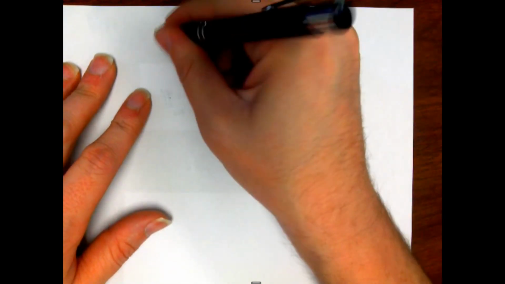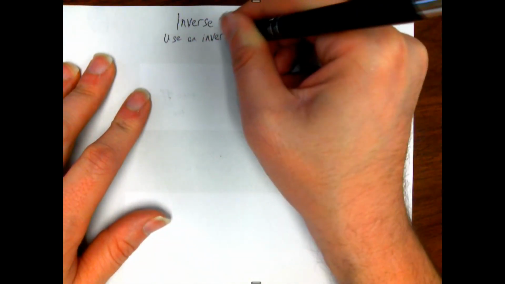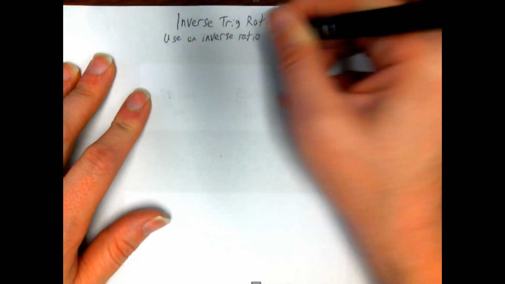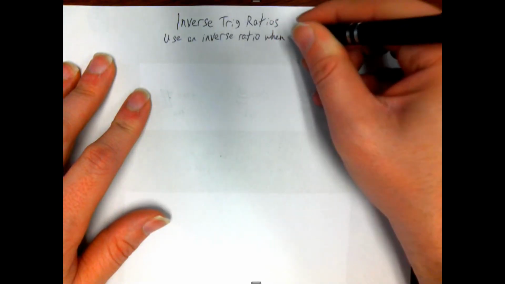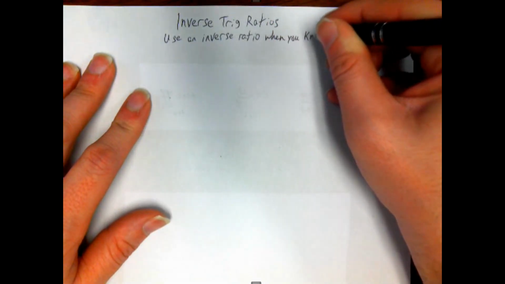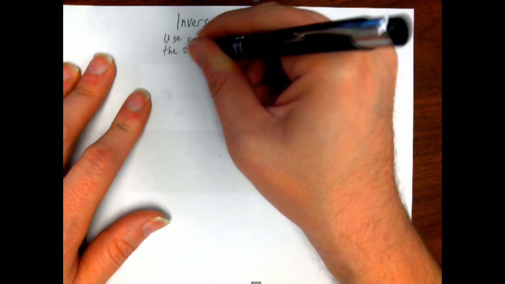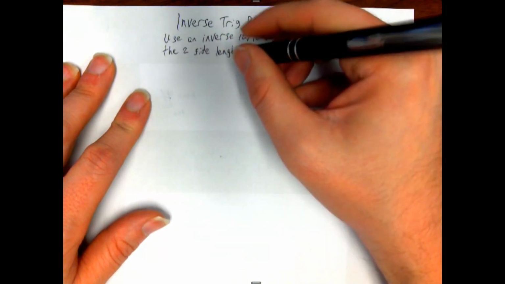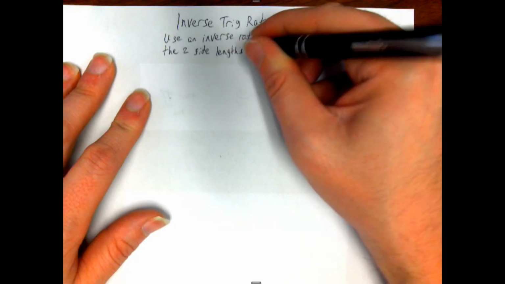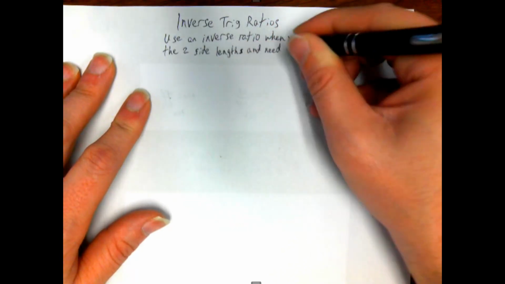So we use an inverse ratio when you know the two side lengths and need to find the angle.